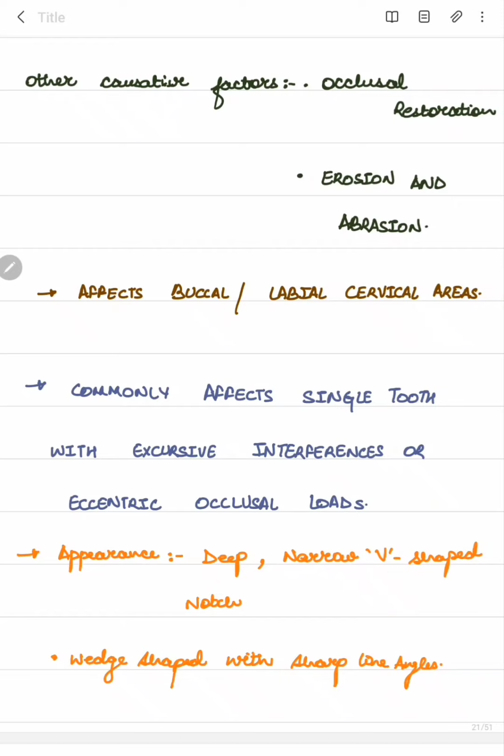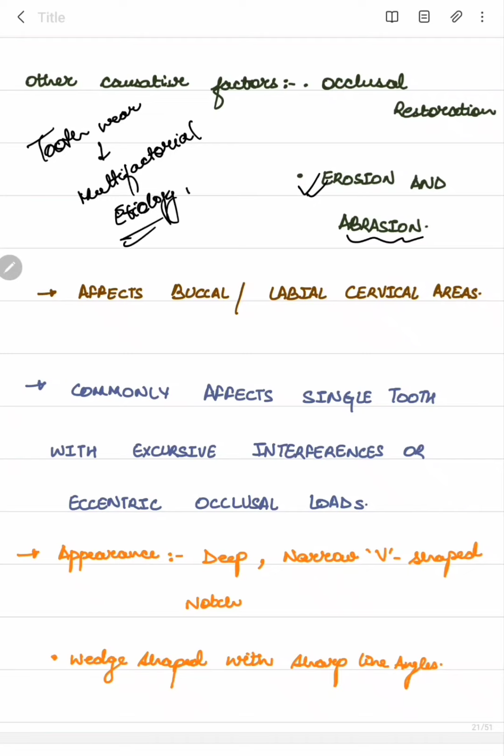Also, factors such as erosion and abrasion may play a significant role in tooth tissue loss. As we know that tooth wear is having multifactorial etiology. So you should remember that whenever tooth abrasion is there or tooth erosion is there, abfraction may also occur subsequently, right?